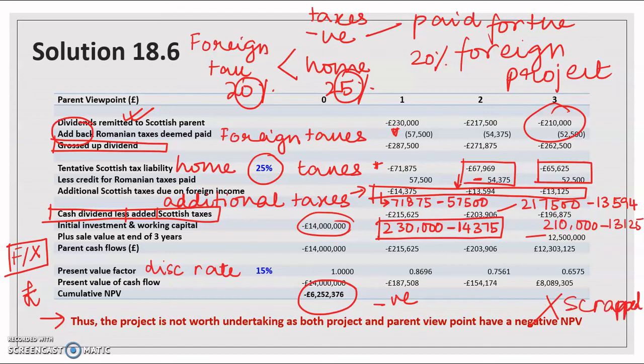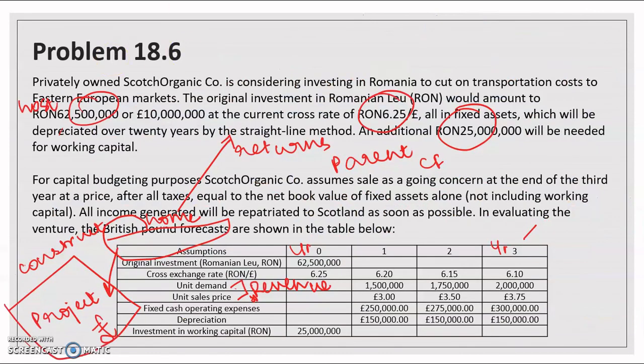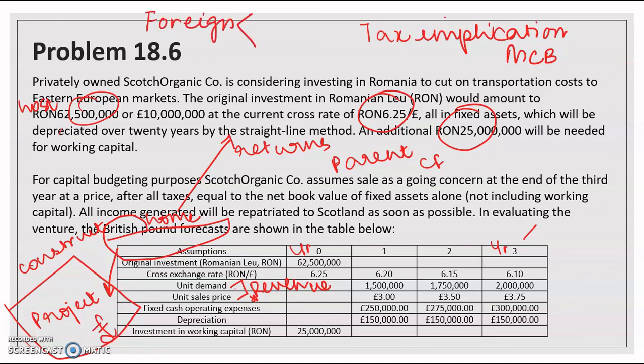Okay, so what's unique about problem 18.6 is a few things. First is the tax implication. How should multinational capital budgeting account for tax implications if the foreign market has a lower tax rate than the home market?